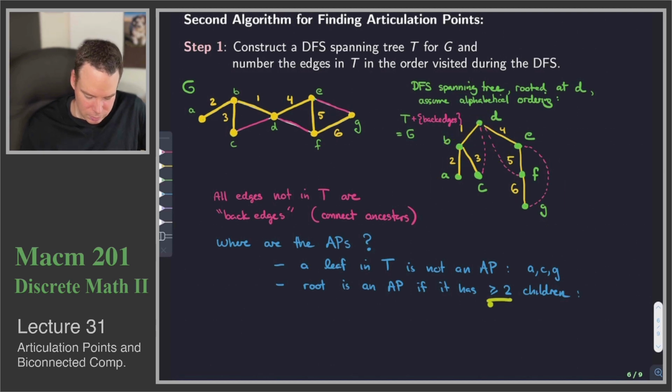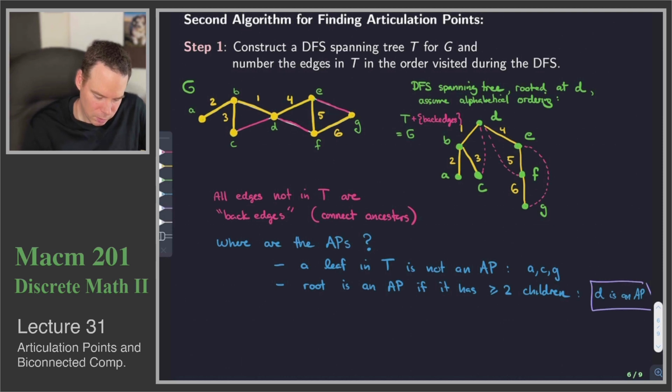And so if it has two or more children, then the root would be an articulation point. And in this case, D does have two children. So D is an articulation point. Okay, so that's one thing we can observe from that.